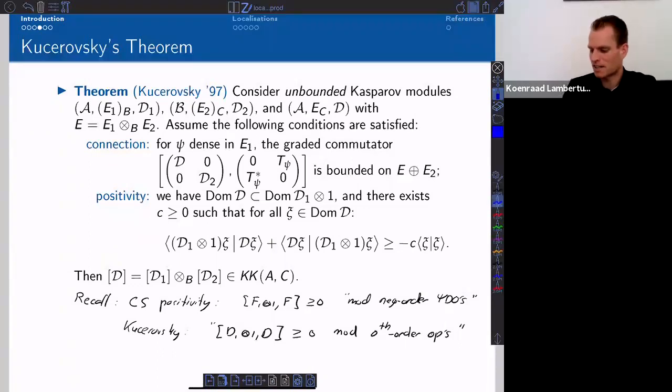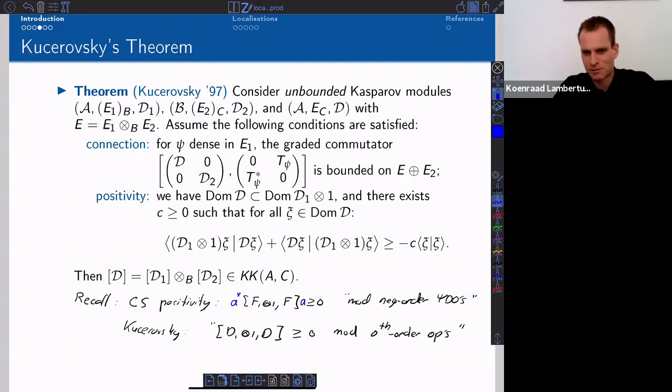what we had in the Connes-Skandalis condition is not really that this commutator is positive modulo compact operators, but we can sandwich this commutator between elements in the algebra, which I think of as localizing this condition.